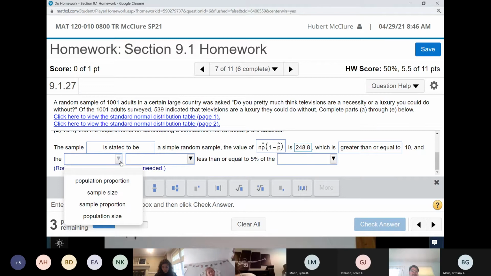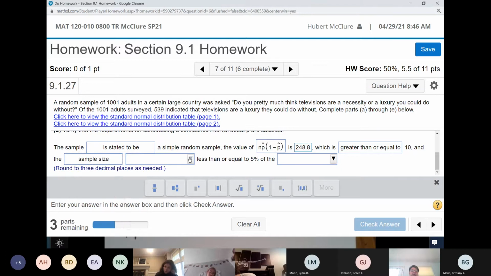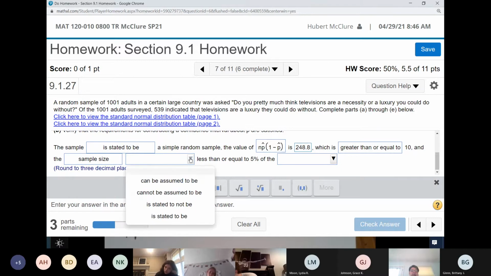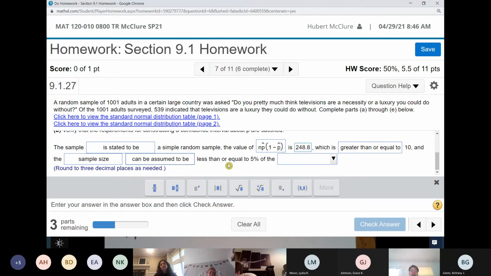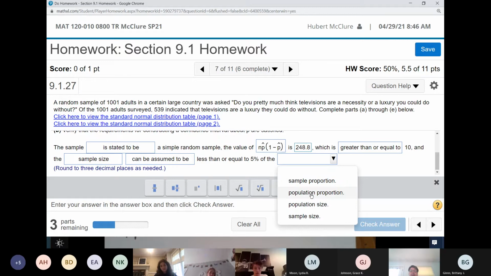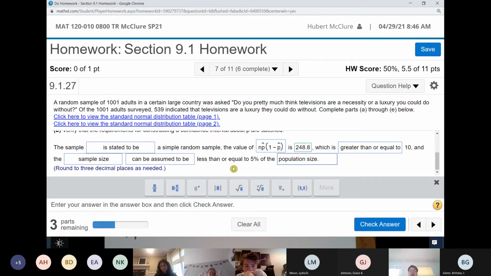And the sample size, I think, can be assumed to be less than or equal to 5% of the population. That should be right if I remember the test. What's 5% of 1,000?